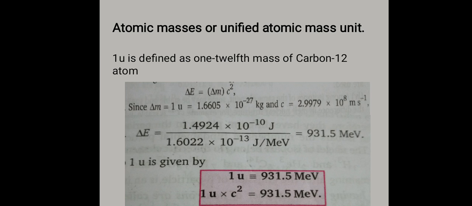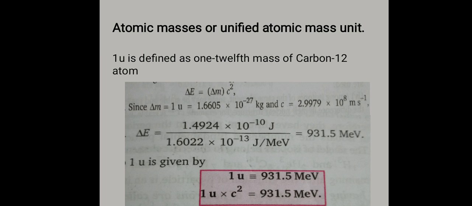That is given below. From Einstein's equation, delta E is equal to delta m c square. Let delta m be 1 U. We know in kilogram it is 1.6605 into 10 raised to minus 27 kg.